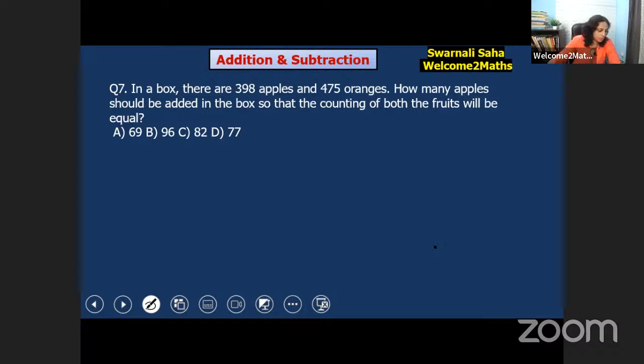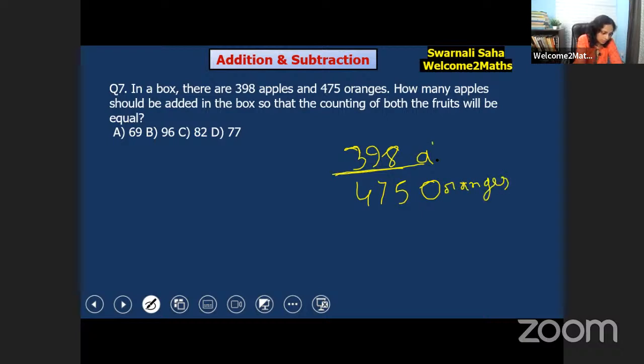There are 398 apples and 475 oranges. So how many apples should be added?